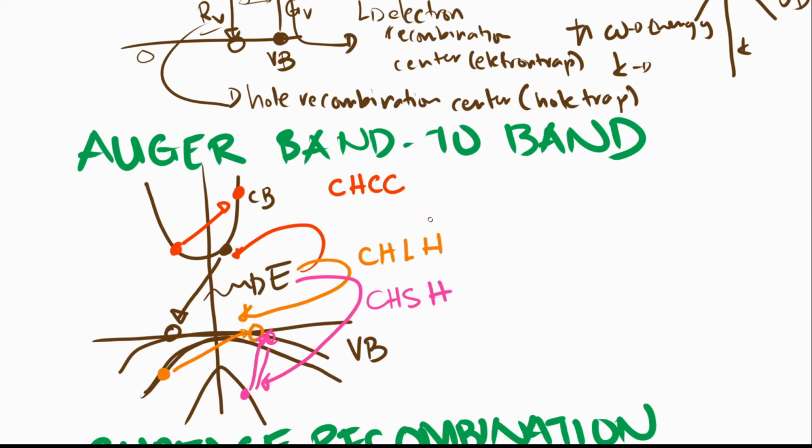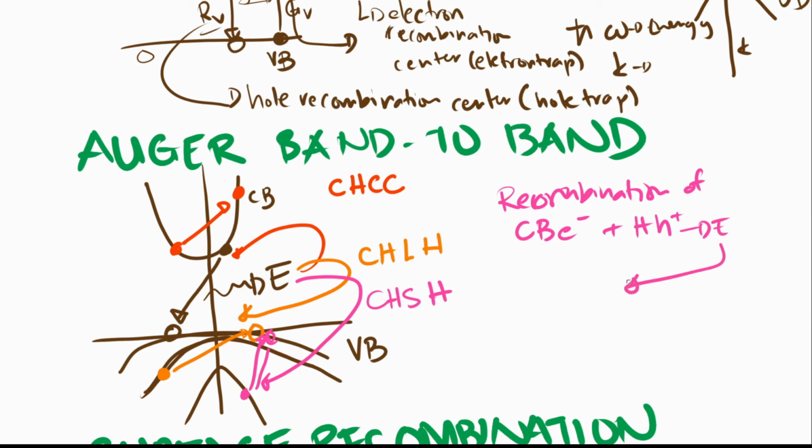So again, in Auger band-to-band recombination, the important thing to see is that the combination of a conduction band electron plus a heavy hole would produce energy that will then be used to promote electrons to a higher energy level.